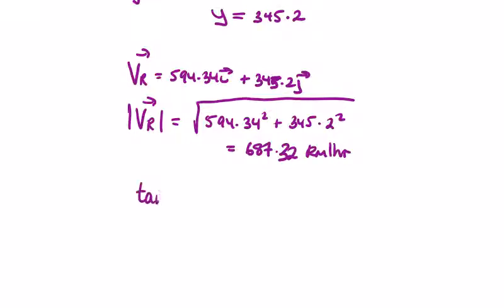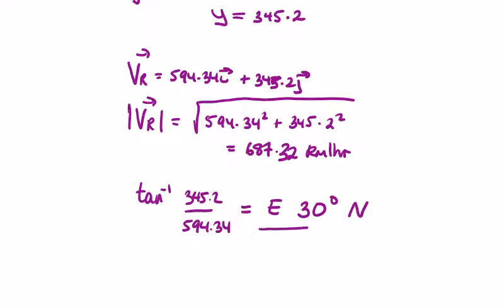And then the angle, the inverse tan of 345.2 over 594.34 will give you the direction. And it's going to be east at an angle north because they're both positive. And this is rounding off for me to be 30 degrees. And that concludes this question.